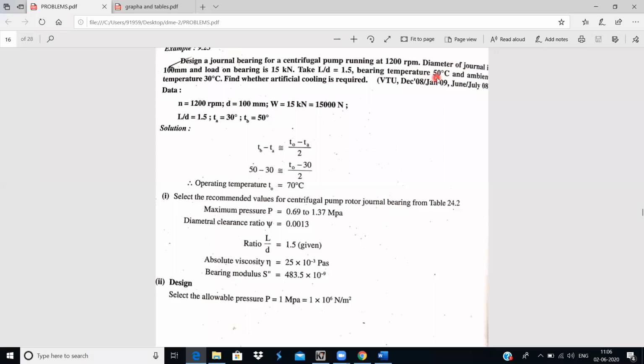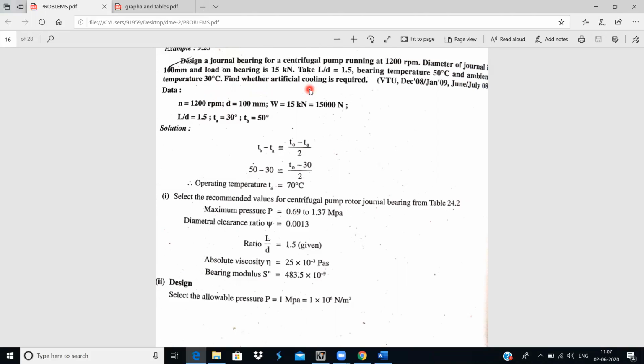Bearing temperature is equal to 50 degrees Celsius, that is TB is equal to 50 degrees Celsius. In the question they have given both bearing temperature and ambient temperature. Ambient temperature TA is equal to 30 degrees Celsius. Find whether artificial cooling is required or not.